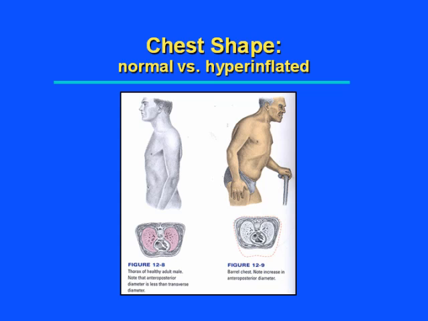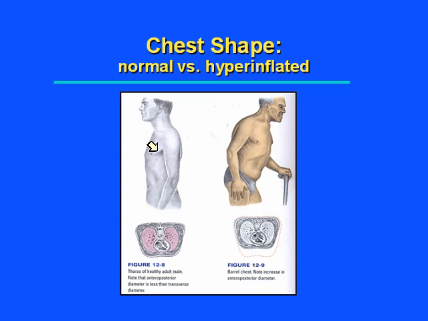This figure just shows chest diameter in the AP direction. That's front to back. So the figure on the left shows that he has a normal sized chest from front to back.